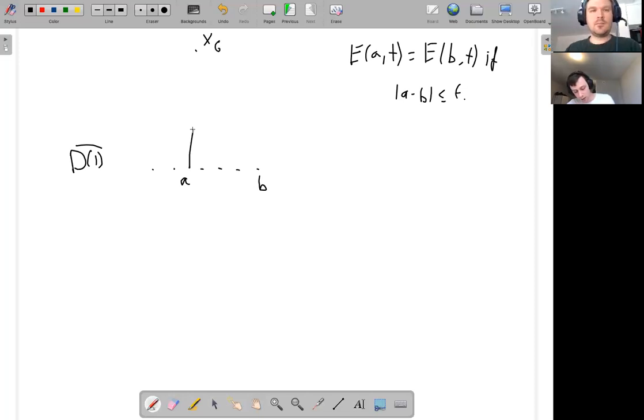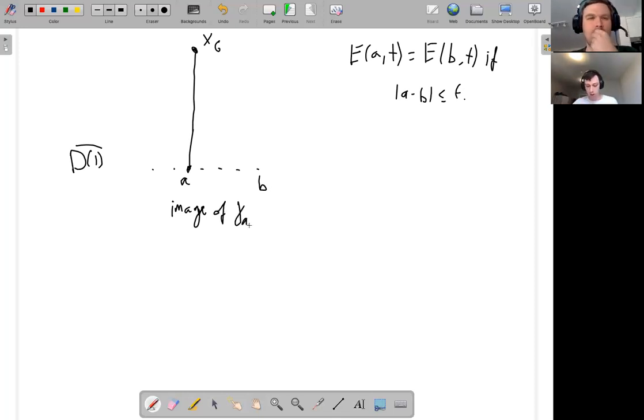Out of any point, we have this interval, which is the image of this map that we described. And now out of B, we also get a path from B to the Gauss point. And by the way, these points are identified with the type 1 points that they correspond to.